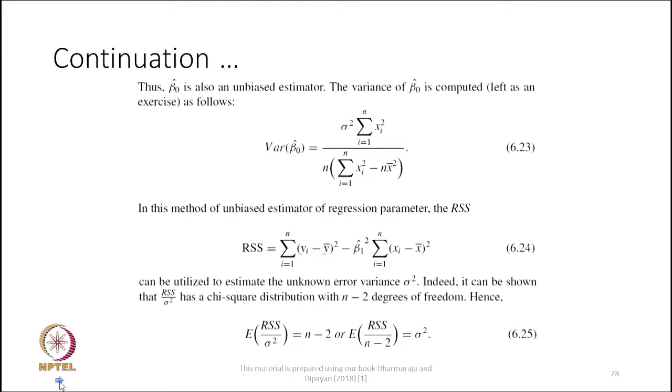That means, whenever the variance sigma square is unknown, you can estimate the unknown parameter sigma square by using the residual sum of squares divided by n minus 2.